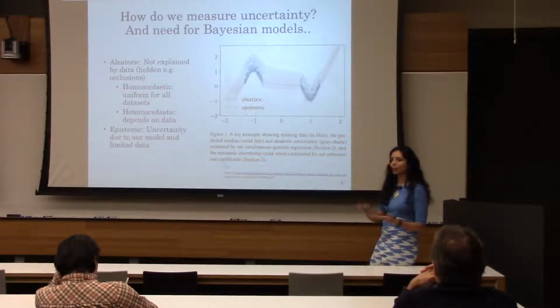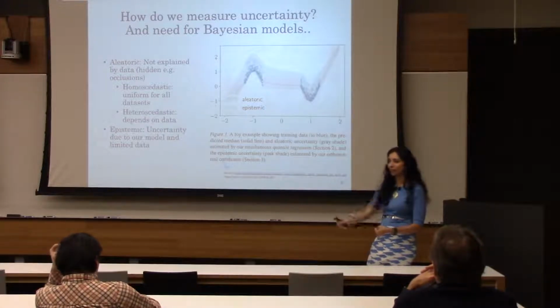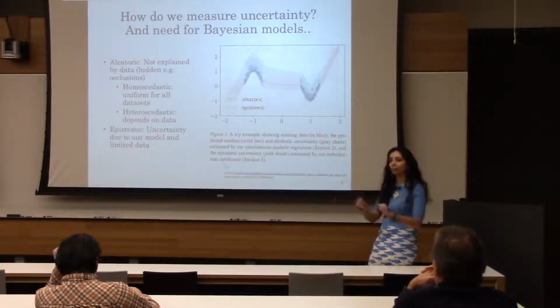There is measurement noise coming from the sensors. There is just an inherent hidden aspect, right? You just can't measure everything through your samples. So what's hidden and what's really the uncertainty due to limited data, we want to distinguish the two.